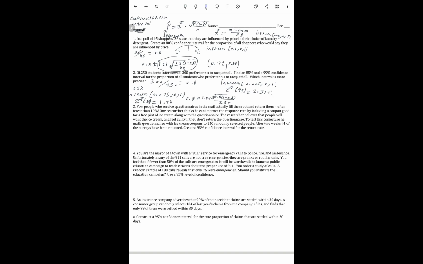Because this is 6, this can be 578, 58. This is 2.58. Okay. Now we just plug this in. We go 0.8 plus or minus 2.58, right, and then we do times a root, which is 0.8 times 1 minus 0.8.